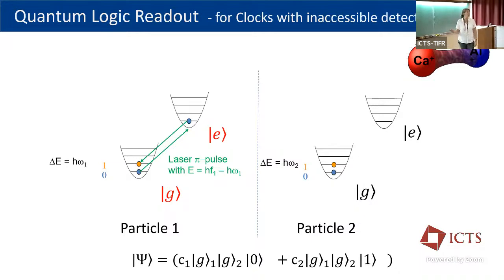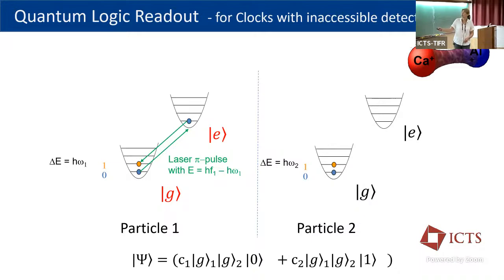Now, if you look at our quantum mechanical wave function, we now have a superposition also in the Fock states, because if particle 1 was in the ground state, nothing happened. The whole quantum system stayed as it is, because there was no excitation. But if particle 1 was in the excited state, it got de-excited. It turned into the ground state, but it added a quantum of motion, a Fock state n equals 1.